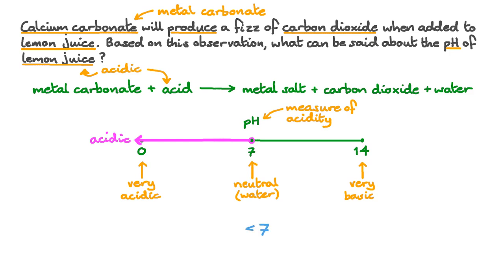Therefore, since lemon juice does react with calcium carbonate, as confirmed by the production of carbon dioxide, we know that the pH of lemon juice must be less than 7. With only this observation, this is as precise as we can be. In practice, we'd expect the pH of lemon juice to be meaningfully below 7, because producing carbon dioxide at a visible rate will require a relatively high acidity. For now, less than 7 is the best that we can do.